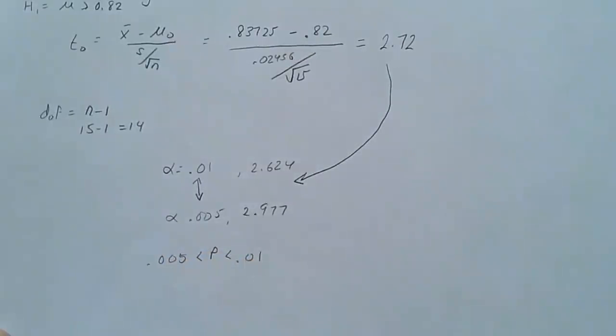No matter what, our p is less than 0.05, which means we reject the null hypothesis.